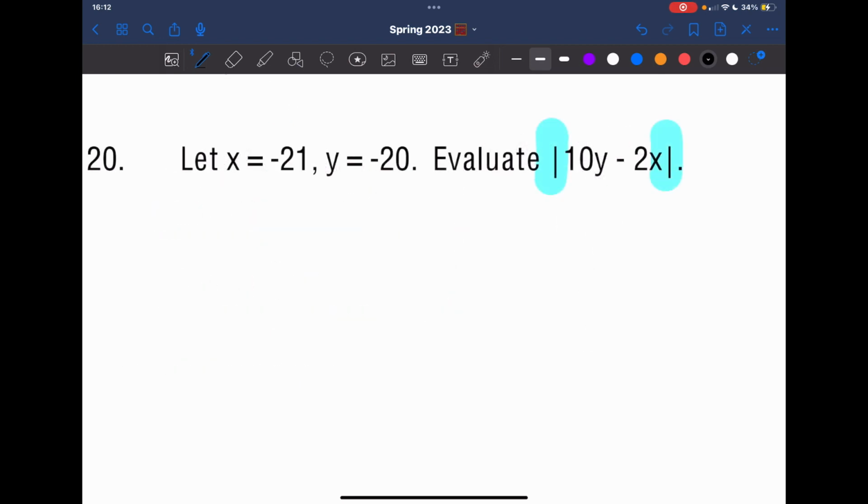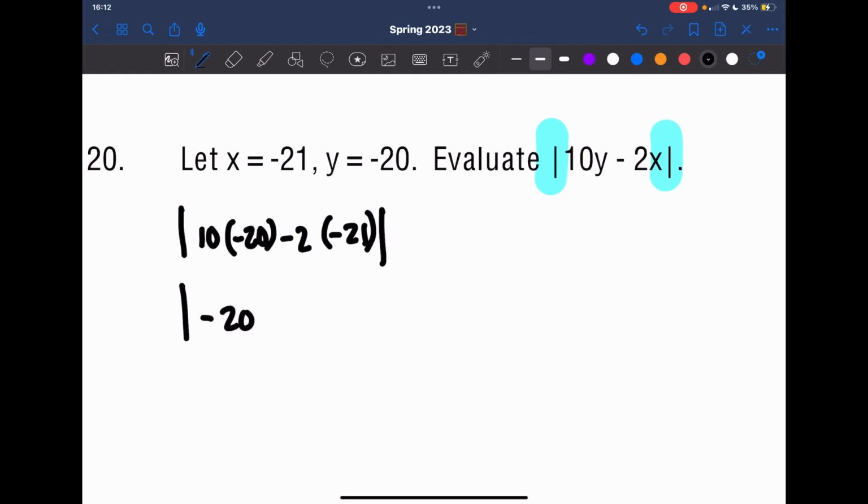So it's going to be the absolute value of 10 times negative 20 minus 2 times negative 21. So I'm going to get the absolute value of negative 200 plus 42.